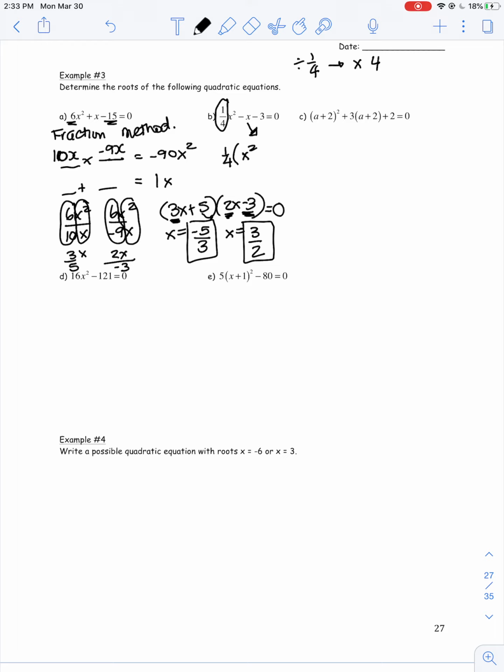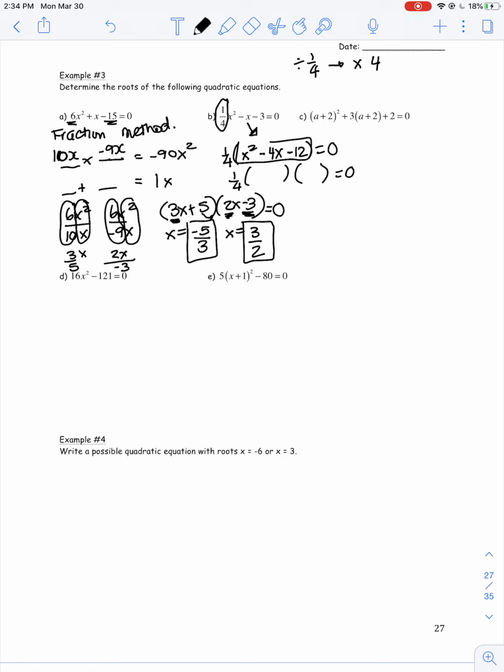That means the exact same thing as dividing by 1/4. So you're going to be left with x squared, because when we multiply 1/4 by 4 it becomes 1. Then we have negative 4x, because negative 1 times 4 is negative 4x, and negative 3 times 4 is negative 12. So that is factoring out the 1/4.